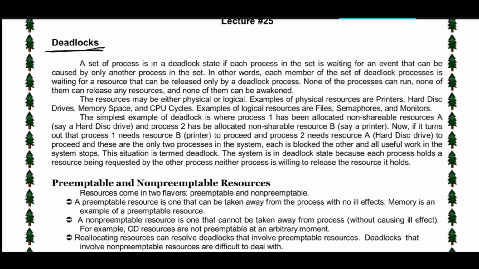In a set of processes, a process first holds some resources, then waits for other resources, and these other resources are already held by other processes. This condition is called deadlock, because a process can't get all the resources and execute. So this condition is called deadlock.